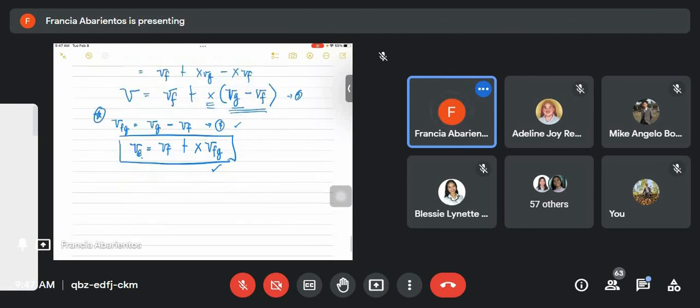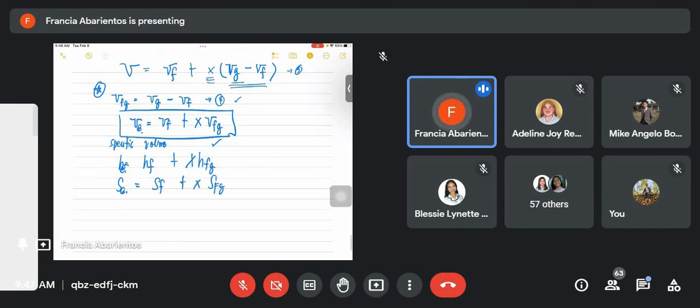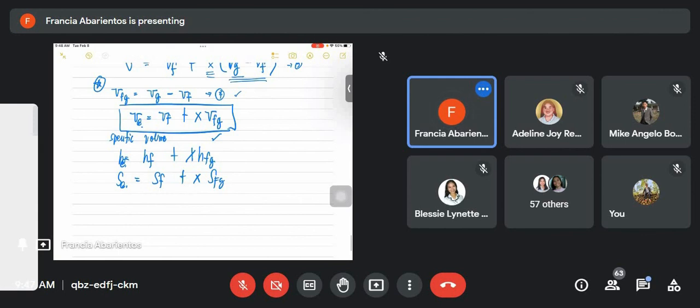Similar din yung class. If we have the specific volume, wala pa tayong numbers class, derive pa lang tayo ng formula. We also have for enthalpy, ganun din, class: you have the HF plus the quality X times the HFG. And also sa paghanap at a certain point, the entropy, we have the entropy at the saturated liquid plus the quality times the SFG, as well as the internal energy at a certain point.